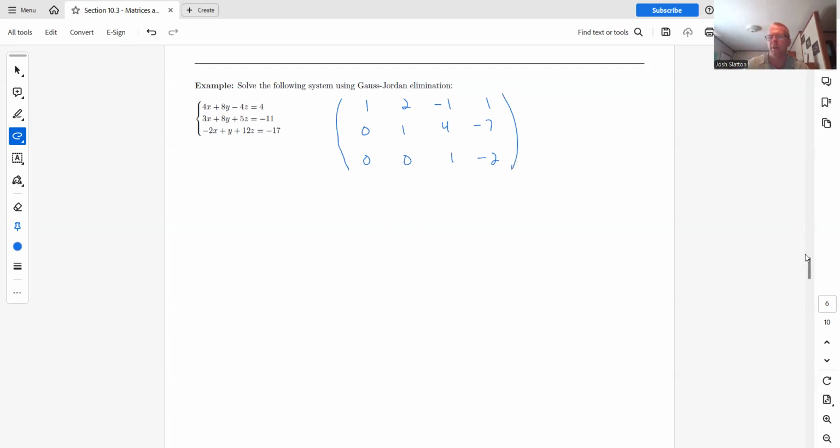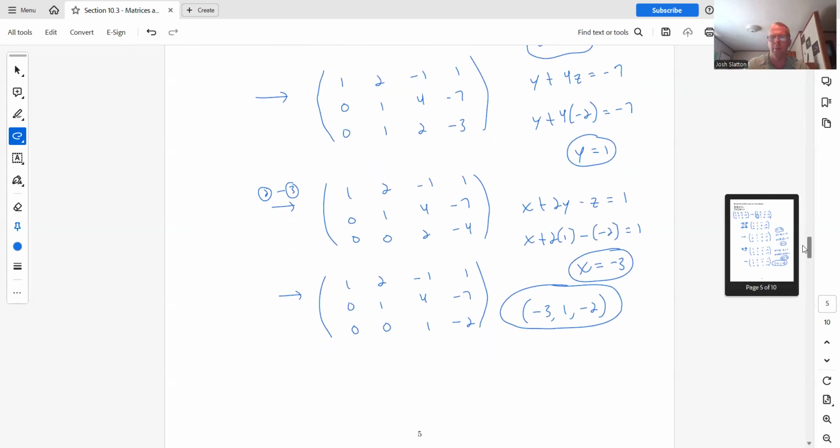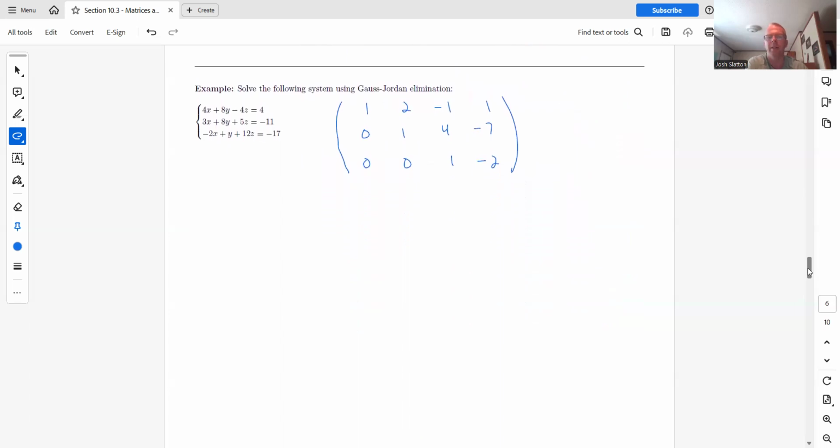That is the same matrix we had right here, and we're just going to start there. That's in our row echelon form, and we're going to take this and bring it to reduced row echelon form.